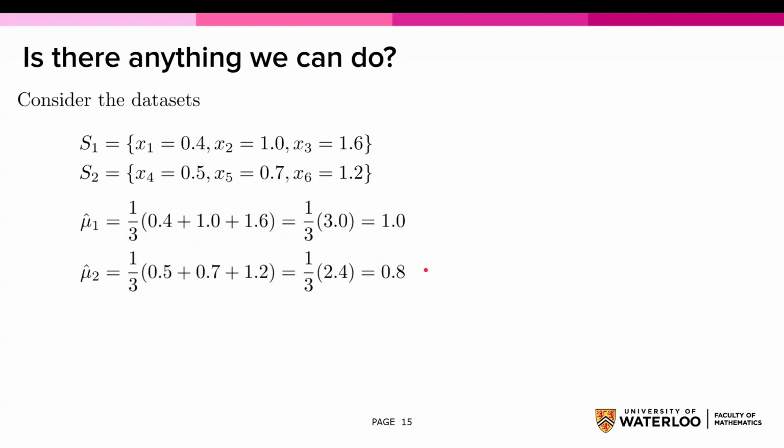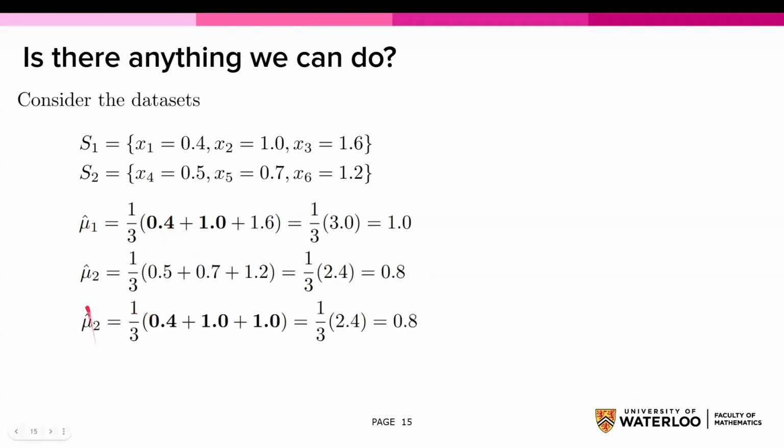But let's notice something interesting. The total inside the brackets for mu hat 2, that's 2.4, could actually be composed by reusing elements of the first data set. For example, we could take the value 1 twice and the value 0.4 once.